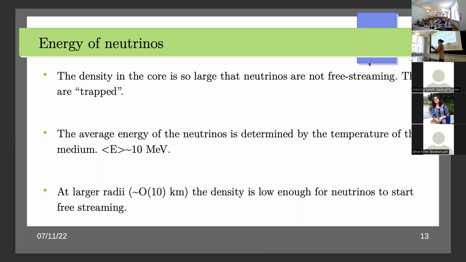But they are just sitting there. The energy of the neutrino which is emitted is determined by the temperature at which the density is low enough that they start free streaming. And that happens at a few tens of MeV, in a region called the neutrinosphere, which is a few tens of kilometers in diameter.